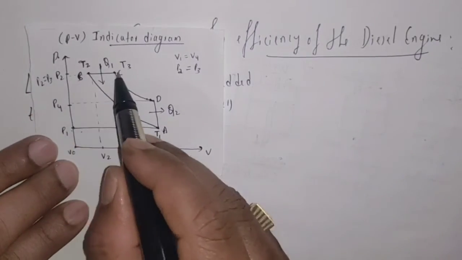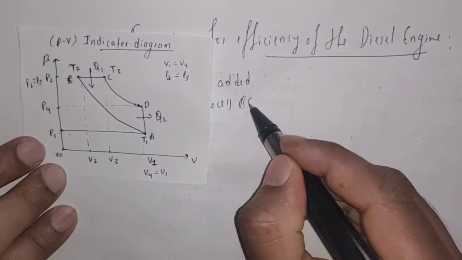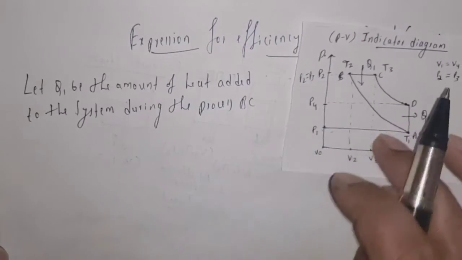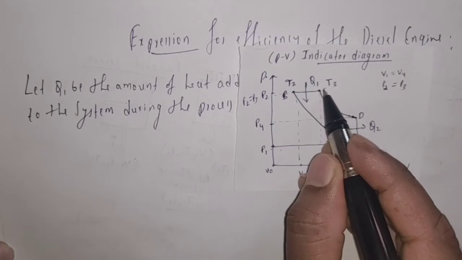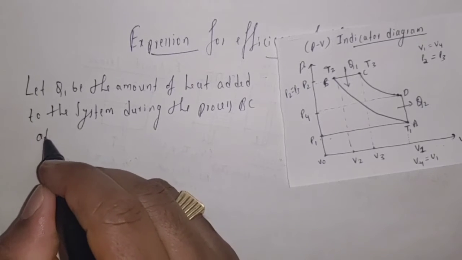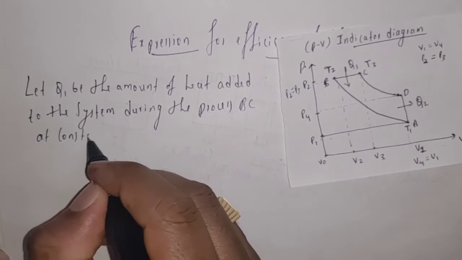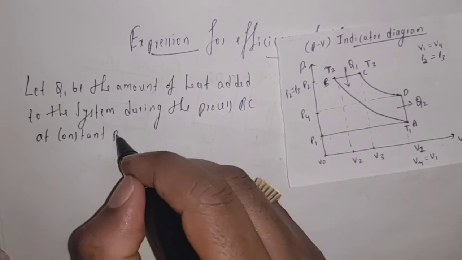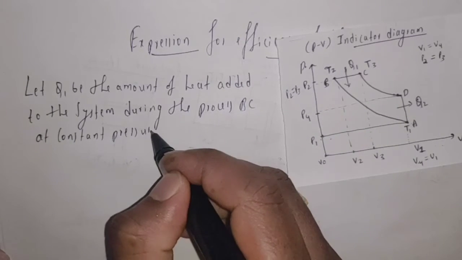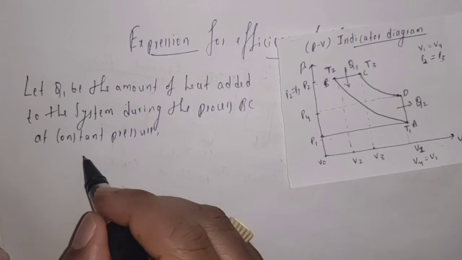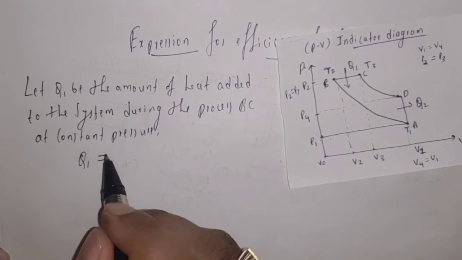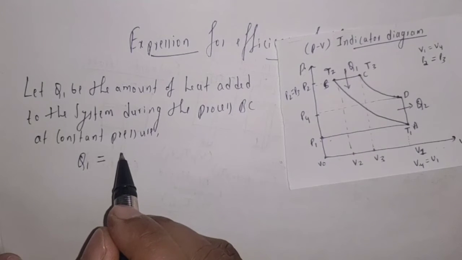During the process BC, the amount of heat Q1 is added at constant pressure, and it is given by the specific heat capacity equation.